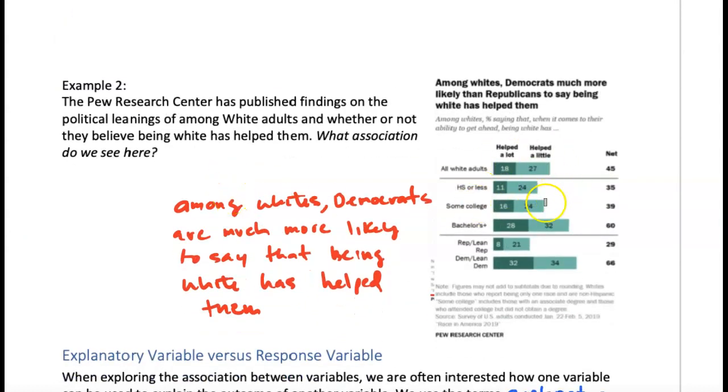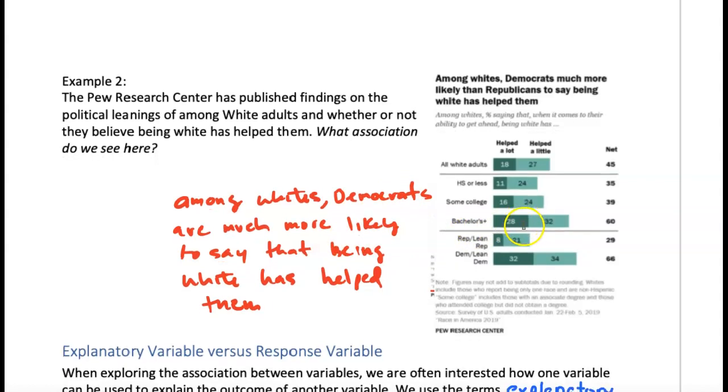I know it may be hard to see the images in the video, but you have these on your note sheets. Really thinking about it, you do see a difference here in this data between Republicans and Democrats, right? There's an association: white Democrats are much more likely to say that being white has helped them, versus white Republicans.